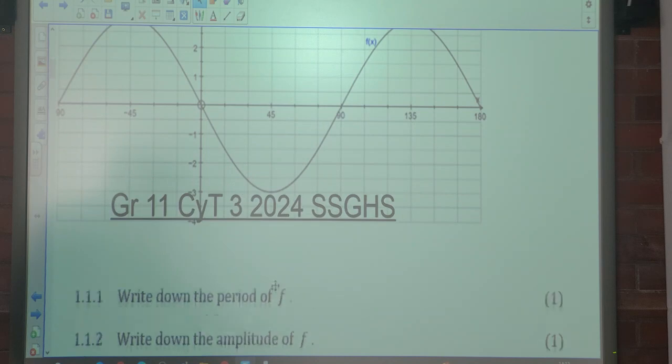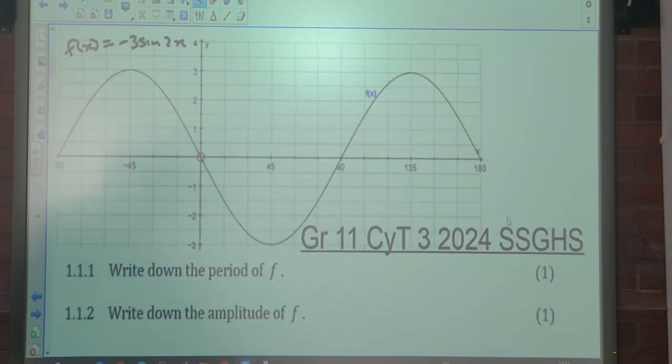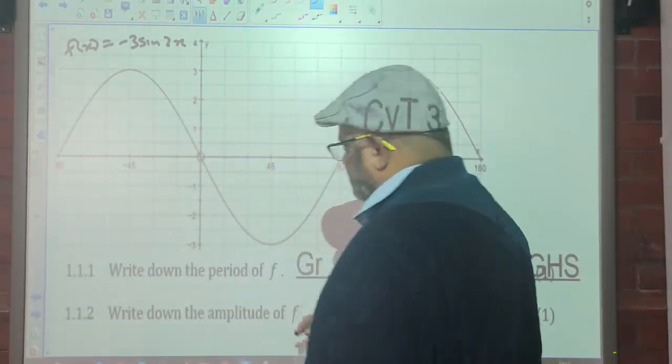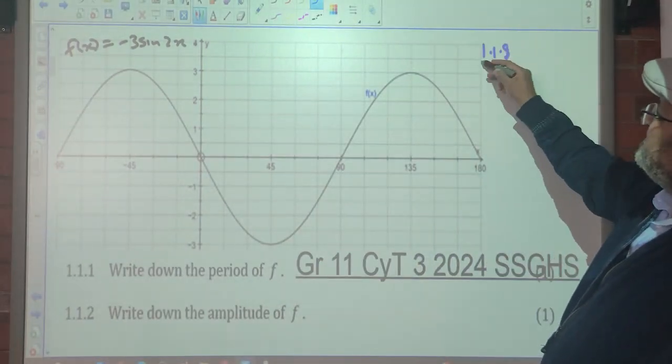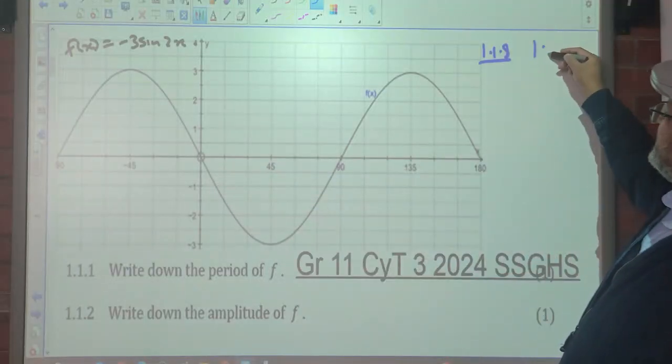Question 1.1.1 says, write down the period of f. People, what's the period of a graph? Time taken to complete one full cycle. So what is the period of this graph? It's 180 degrees.